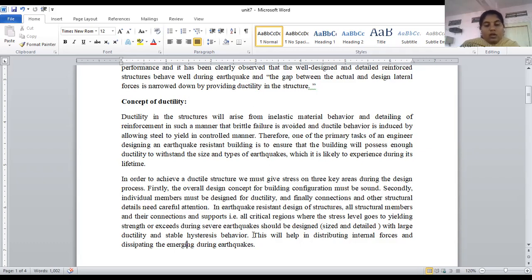Full stop. And this will help in distributing internal forces and dissipating the energy during earthquakes.